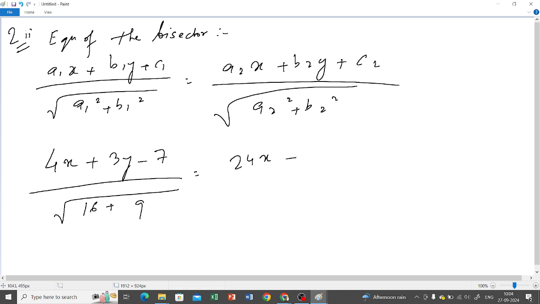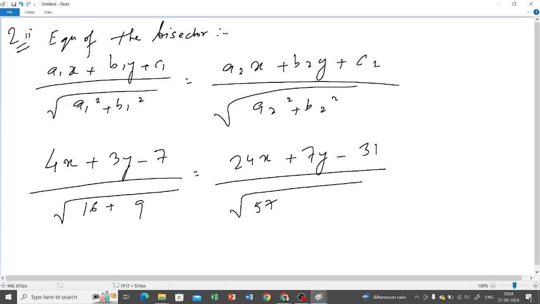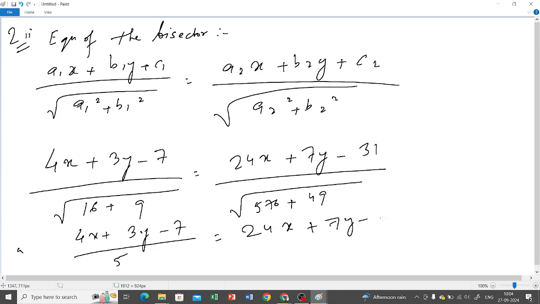24x. This is going to be root over 625, and this is going to be 25.